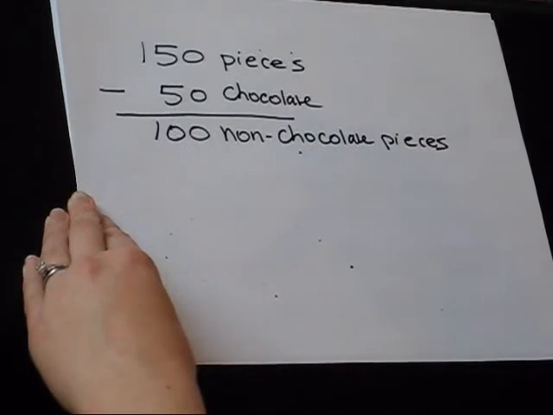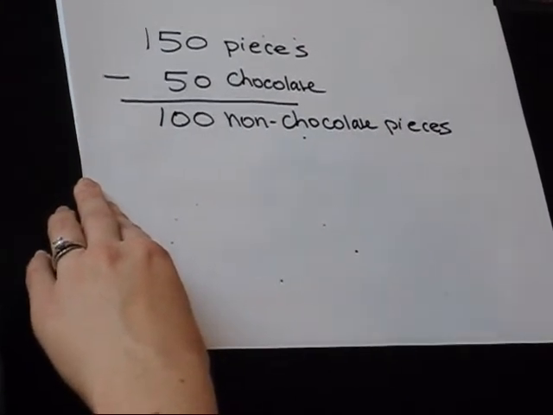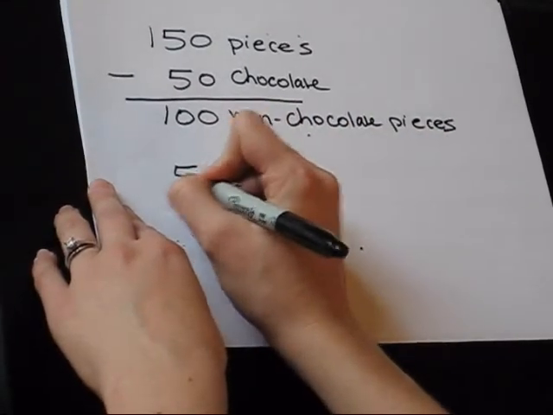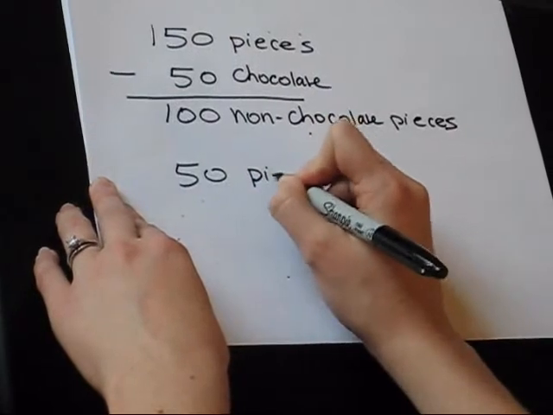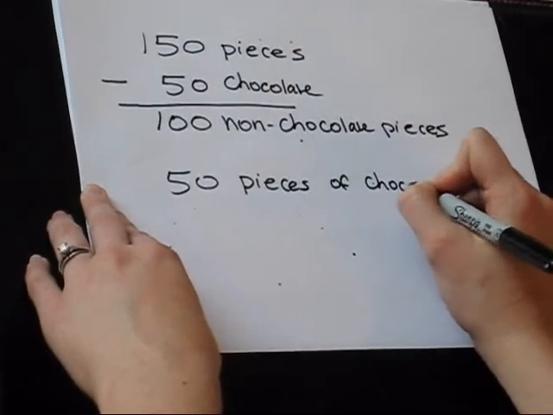So to recap on the problem, Susie got 50 pieces of chocolate candy and Jacob got 100 non-chocolate pieces of candy, which equals the total of 150 pieces of candy.